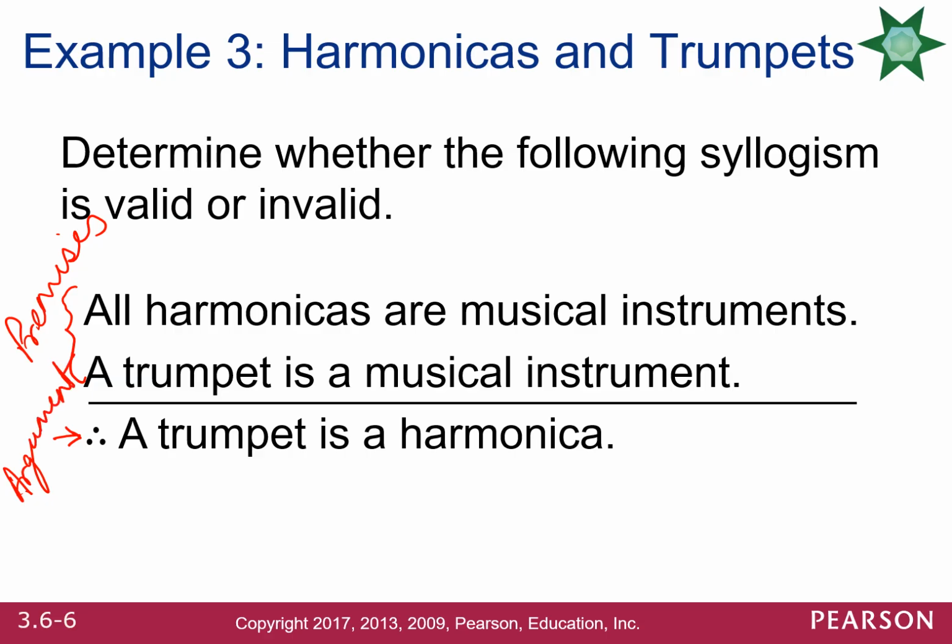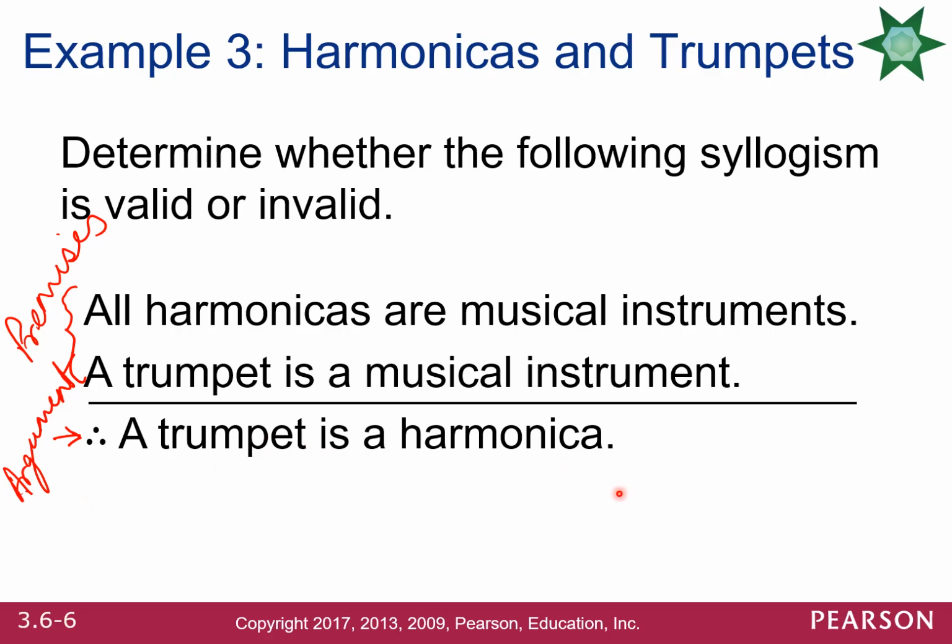Correct. Now, the first premise says all harmonicas are musical instruments. The second premise says a trumpet is a musical instrument. And then the final argument or conclusion says, therefore, a trumpet is a harmonica.